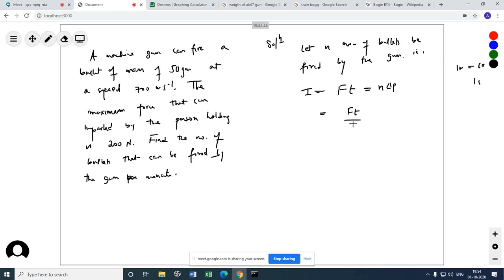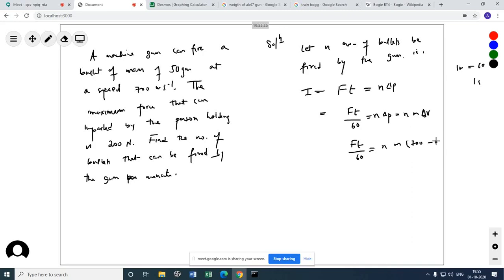That means F into T by 60 must be equal to n into delta P, which you can write as n into m into delta V. Change in momentum, delta V, would be equal to how much? 700 meter per second.